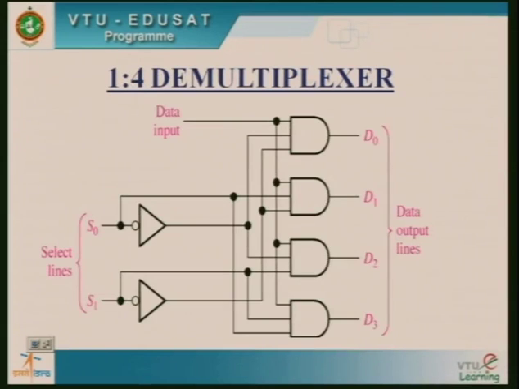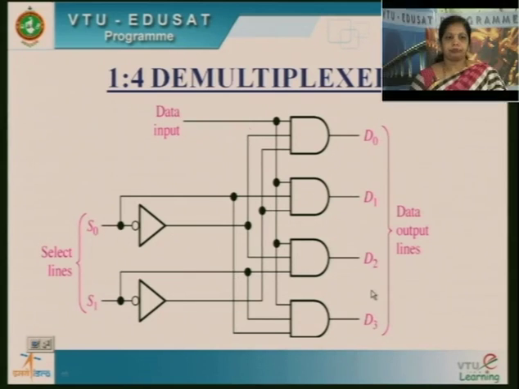demultiplexer. Similarly, we can write the circuit of the 1:4 demultiplexer. You can just see here, we have four output lines and we have data input. We have two selection lines, and we have taken complements over here.